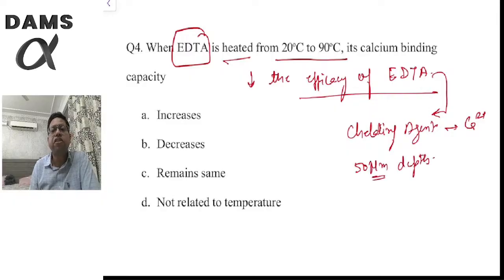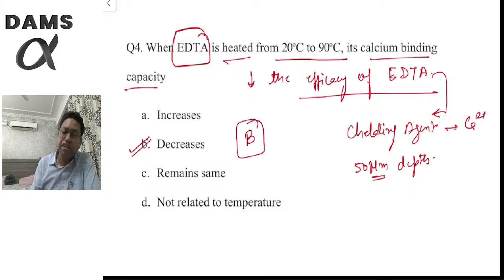The depth of action is nearly 50 microns inside the wall of the root canals. So whenever we are using this chelating agent, it has a calcium binding capacity, and if we use a heated solution of EDTA, its calcium binding capacity would decrease, that is reverse of that of sodium hypochlorite. Option B is the answer.